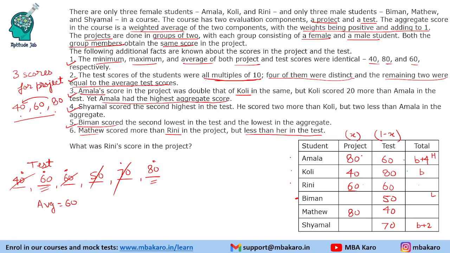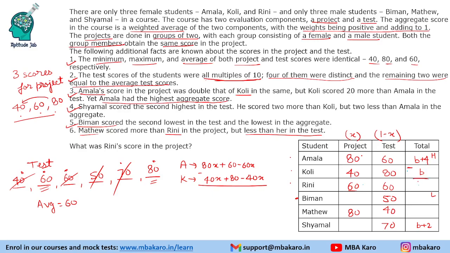Now, how do we find the value of B? Amala's score is x multiplied by 80, so 80x plus 60 minus 60x. And Kohli's score is 40x plus 80 minus 40x. Now we will take the difference between their scores.